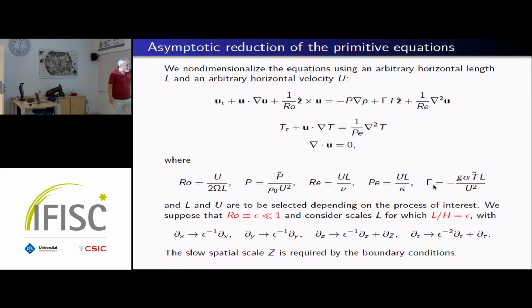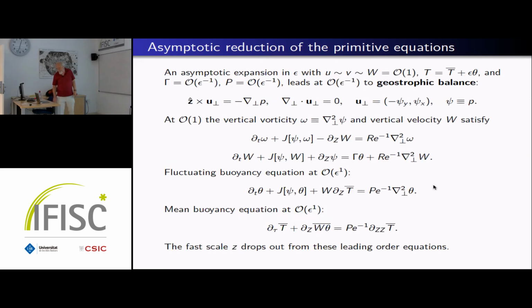So we have a slow vertical scale, capital Z, and associated with that are different time scales. And you put all that in the equations, and you're looking for solutions where the horizontal velocities are comparable to the vertical velocities. That's because you want to capture convective driving of the system.